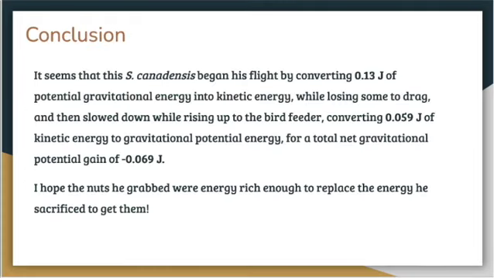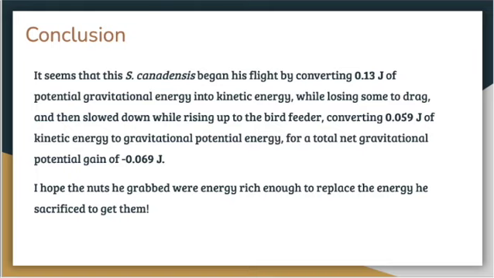So what does this all mean? Well, it would seem that my little birdie began his flight by converting 0.13 joules of gravitational potential energy into kinetic energy. And of course, while doing this, some of that energy was being lost to drag.